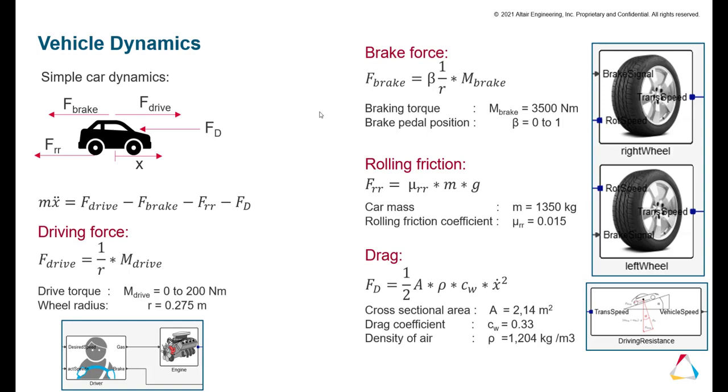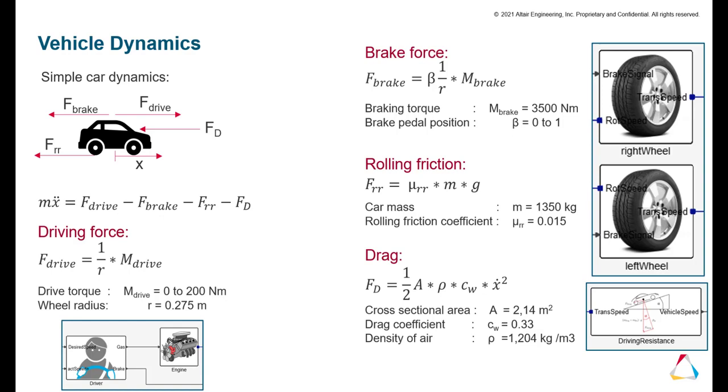Let's take another look at our vehicle dynamics equations, and we can remind ourselves how they were applied in this last system model. So we have our set of forces. The driving force, F drive, which is the drive torque multiplied by 1 over the wheel radius, which gives us our driving force.